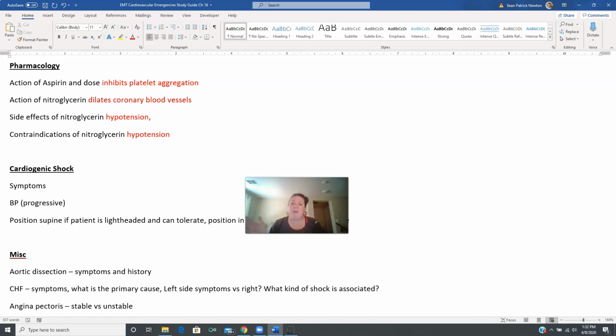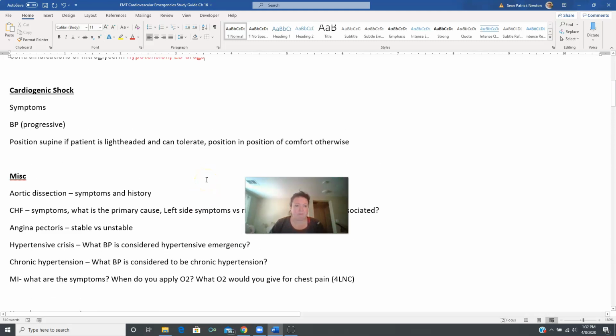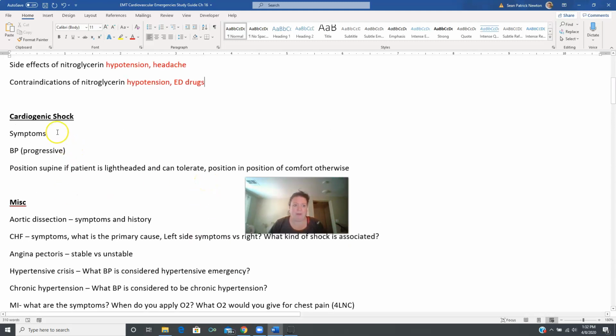So if the systolic blood pressure is less than 100 and we give nitroglycerin, it's going to drop even further. Side effects are hypotension, headache, and the contraindications are hypotension and then ED drugs within 24 hours.